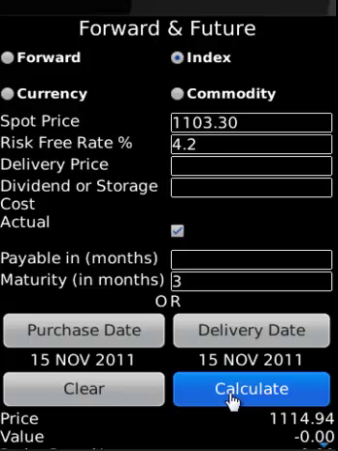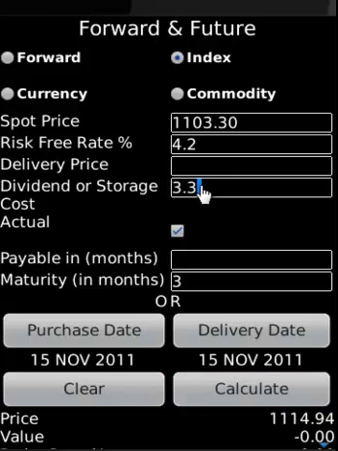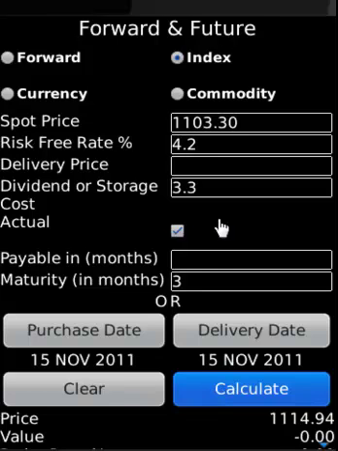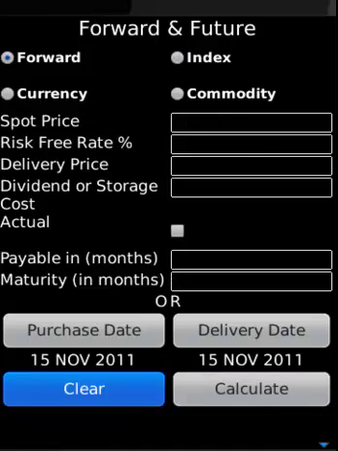This is the price. Say we are paying a dividend yield of 3.3%. In this case 3.3, this is a dividend yield. Okay, and now let us clear up everything.